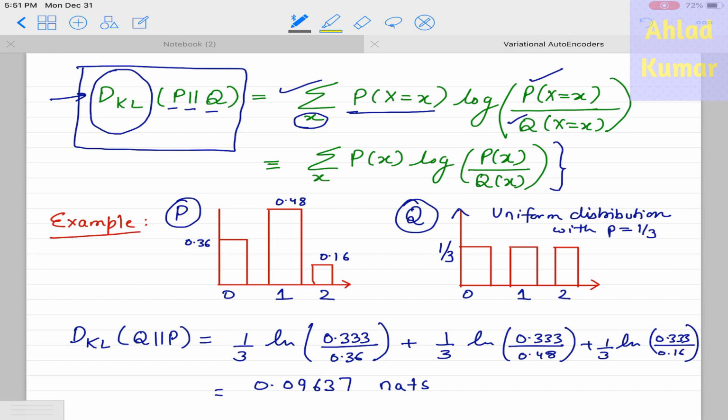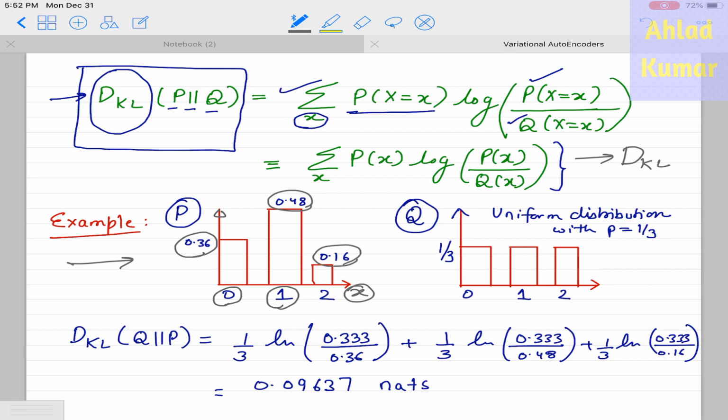So let's take one small example in order to compute this quantity, the DKL. The example is presented over here. This is one of the probability distributions which we denote by capital P. You can see that the random variable X having value 0 has a probability of 0.36, the value 1 has a probability of 0.48, and the value 2 has a probability of 0.16.